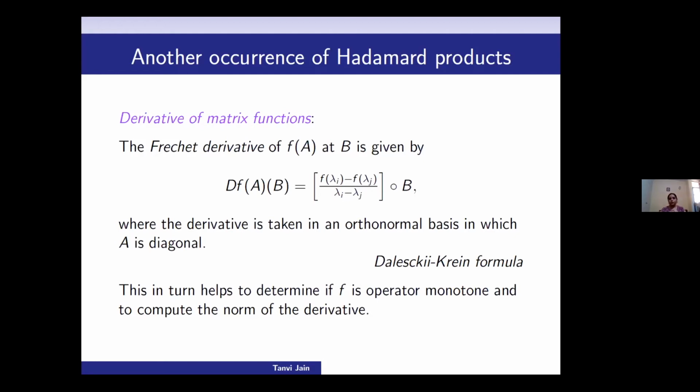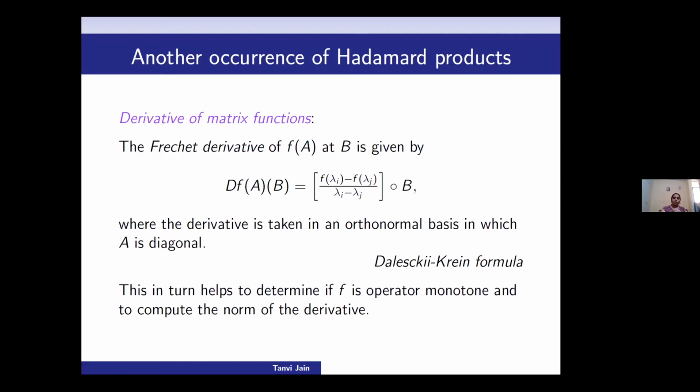These are not very simple problems, always, to find the partial derivatives of functions of matrices. But there is a very interesting result, a formula called the Daleckii-Krein formula, that gives us the derivatives of at least the functions that we lift from R or from intervals. Again, we can do better than that, but this is just a sample result.